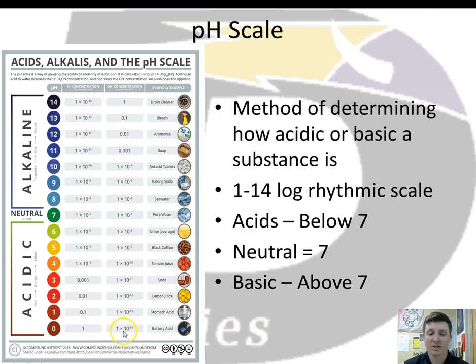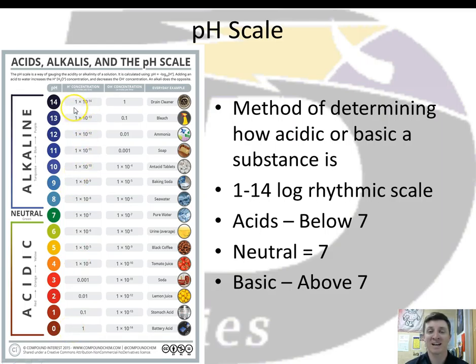What I mean by that is the concentration of hydrogen ions is 1, and then it goes down to 0.1. So as we go up, it gets less acidic, but it's a logarithmic scale. That means a pH of 1 is 10 times less acidic than a pH of 0. So just keep that in mind.